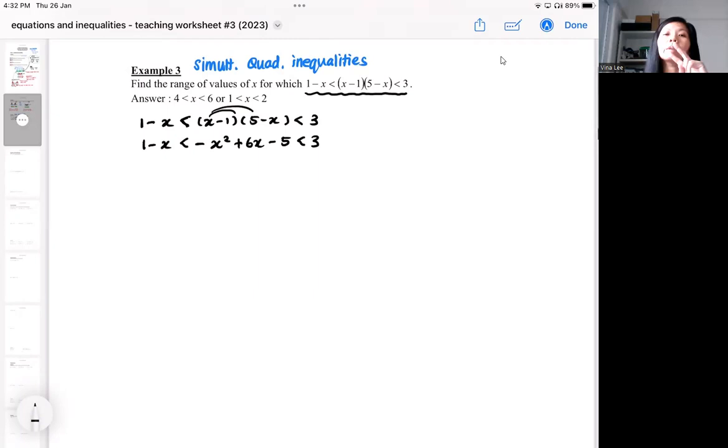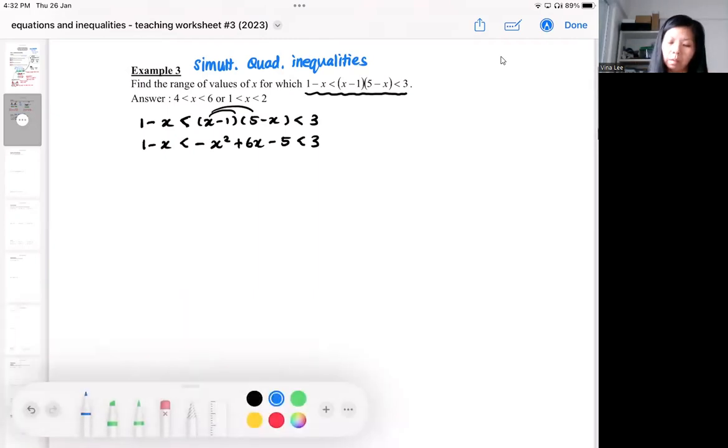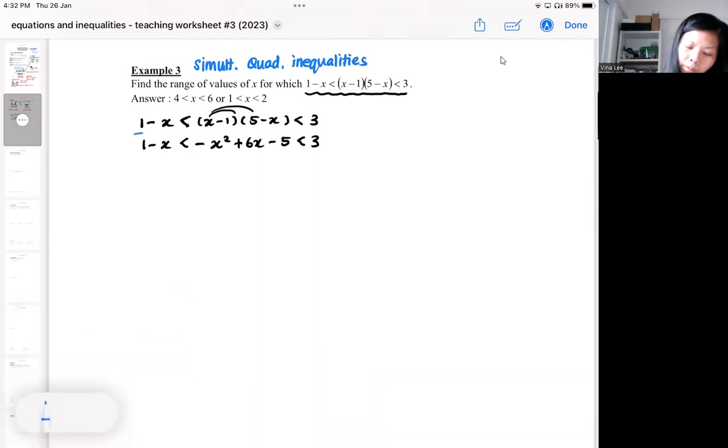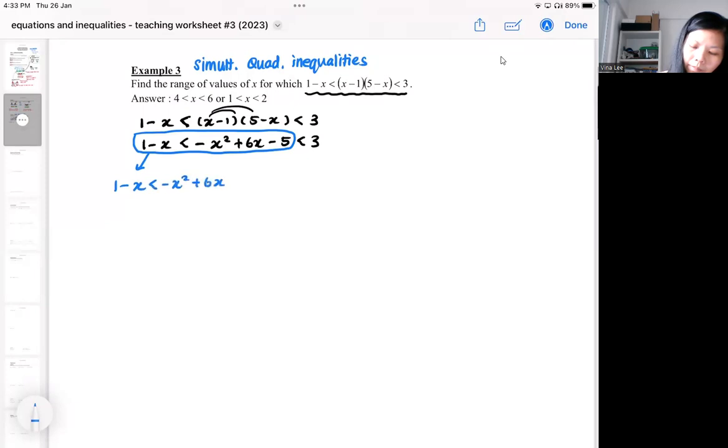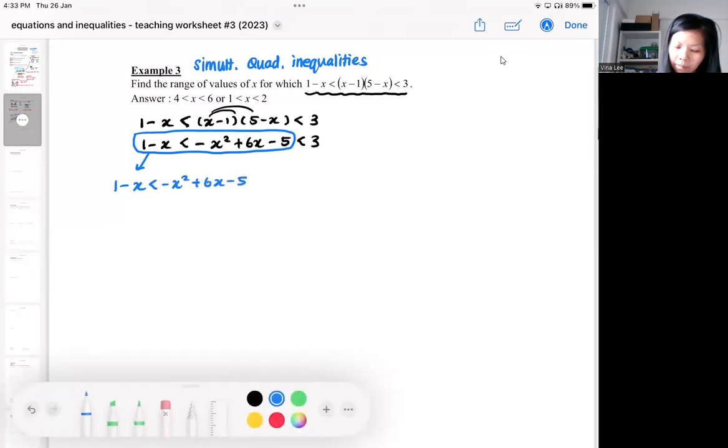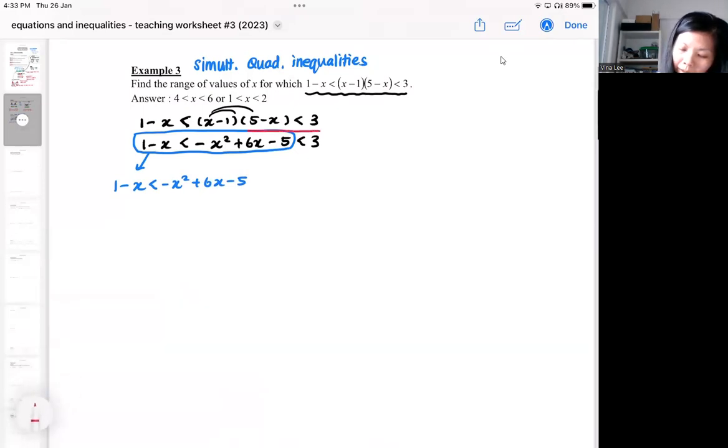So how are we going to get our two simultaneous linear inequalities? The first one will be here. So this will be my first inequality. And then this will be my second inequality.